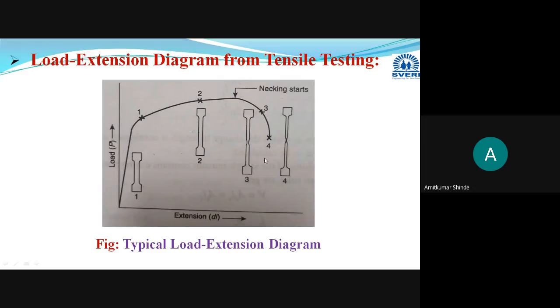Before the breakage, you can see that necking starts here. This is the point where necking starts; this is the shape where the neck is formed. At this stage the reduction in the diameter is at a very fast rate, and before the actual breakage a neck will be formed, and the component will break into two pieces at the end.